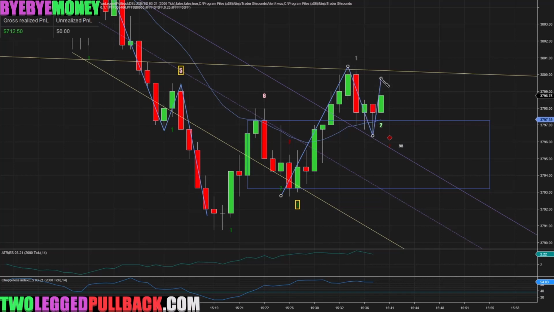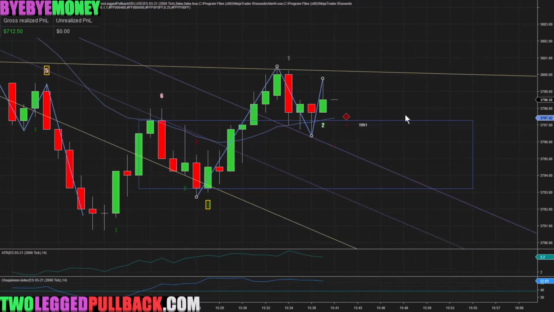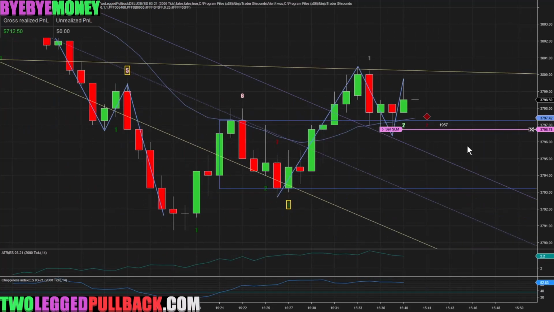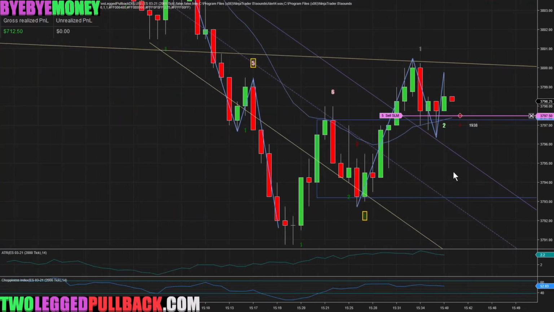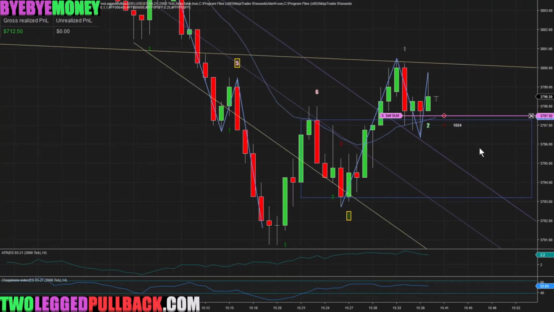A, B, C. We want the reversal here back into the trading range. Maybe we can get a runner here.